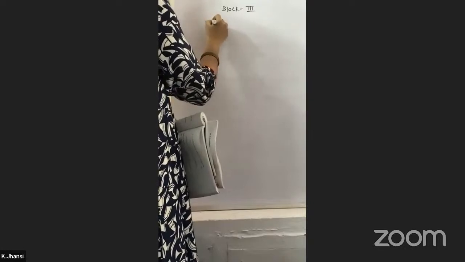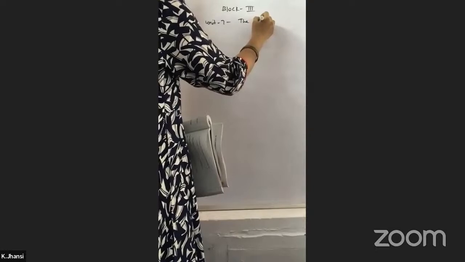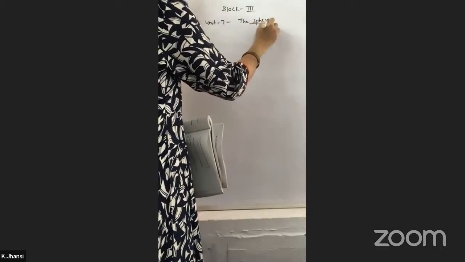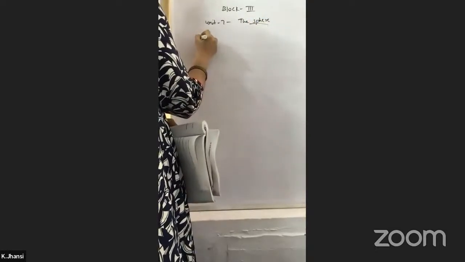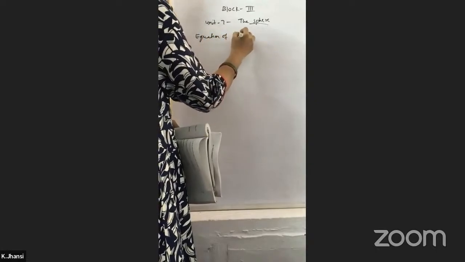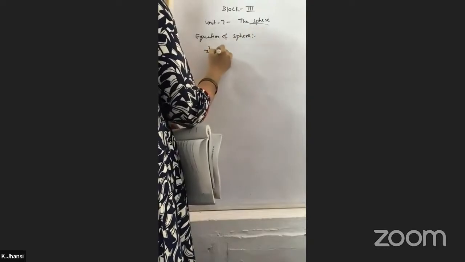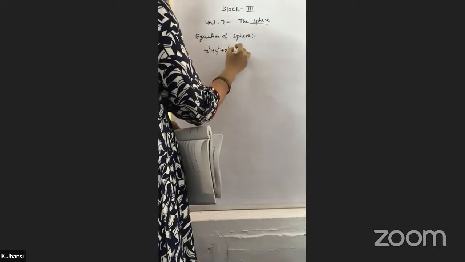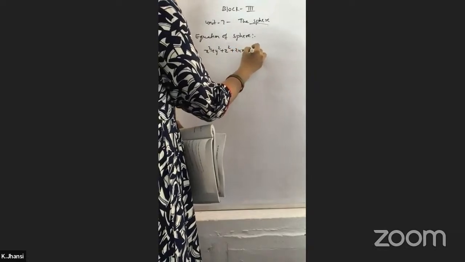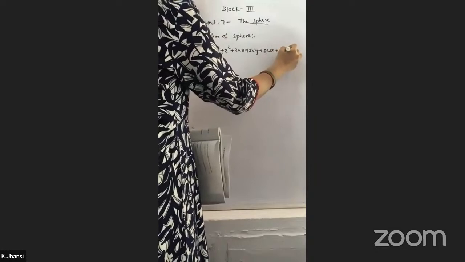So in unit 7, we have the sphere. Here the equation of the sphere is x square plus y square plus z square plus 2ux plus 2vy plus 2wz plus d equals 0.